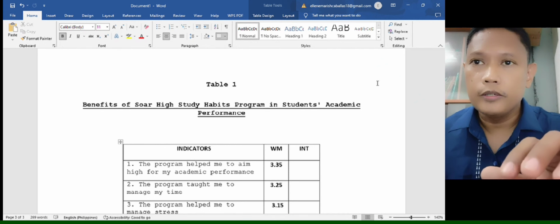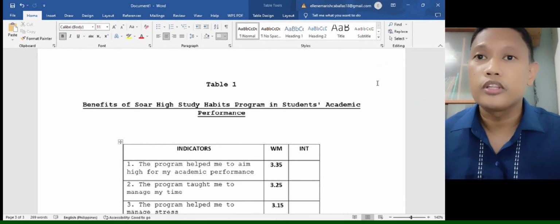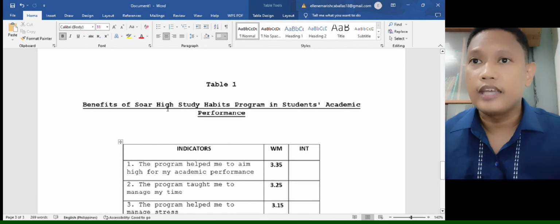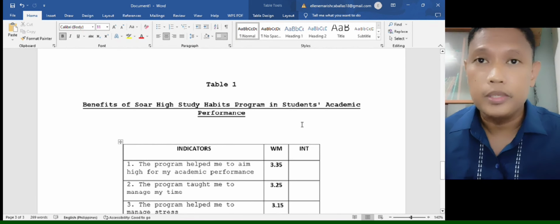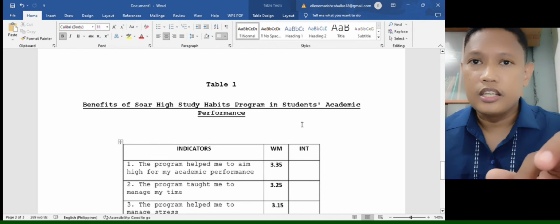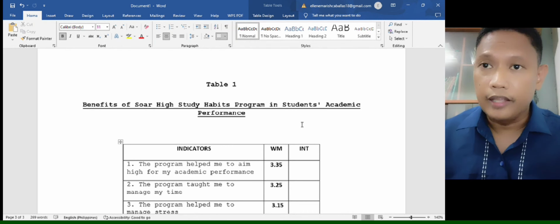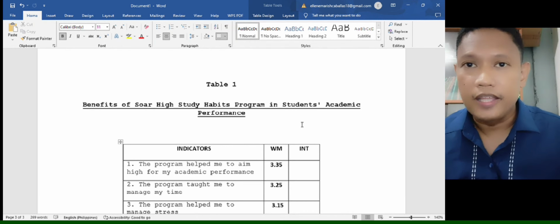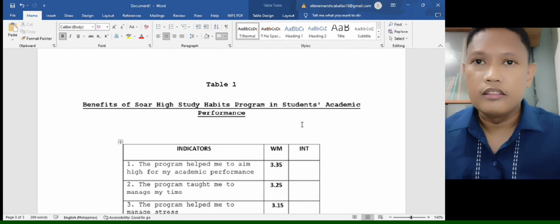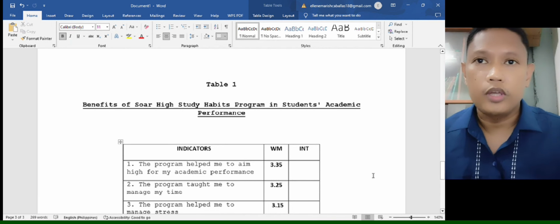So in this one, of course, this is Table 1, the very first table that we're going to create. The title is Benefits of Soar High Study Habits and Students' Academic Performance. And as you can see there, all the indicators are already written. So we have 1 to 7, and WM is the weighted mean.